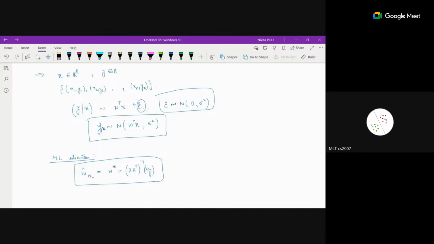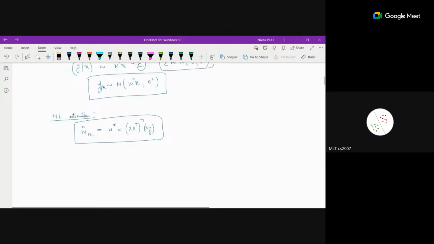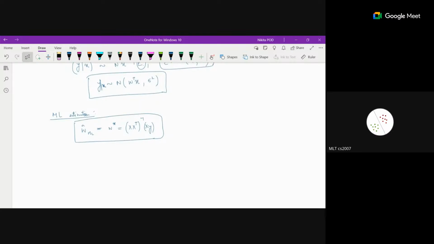So now, once we found what our ML estimator is for this linear regression problem, we wanted to see how good this estimator is. So my W hat ML, we wanted to see how good it is.